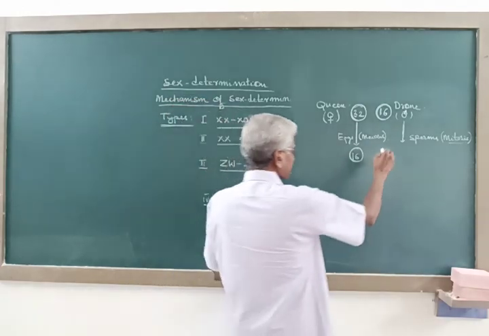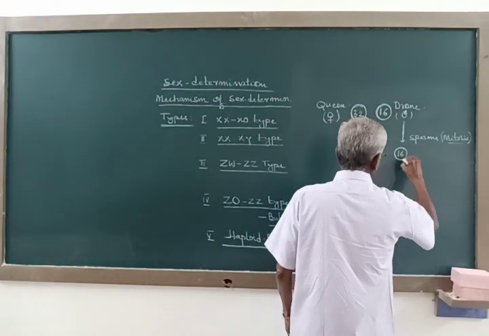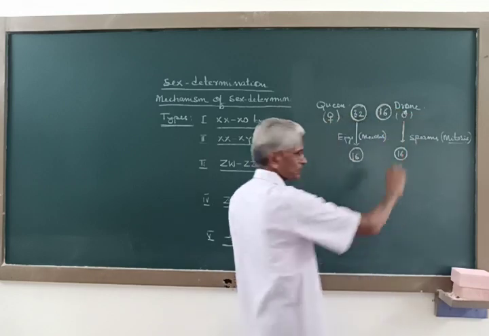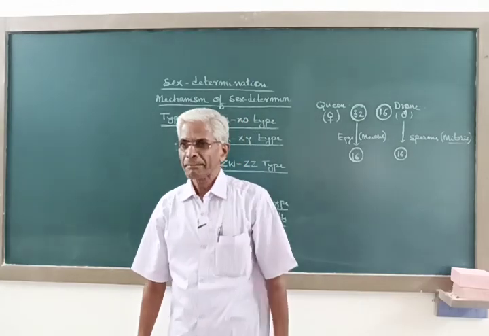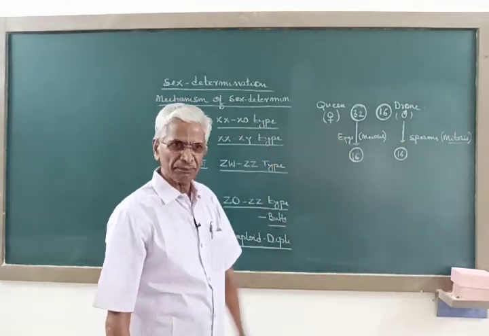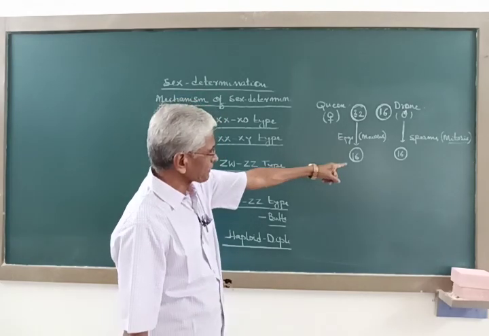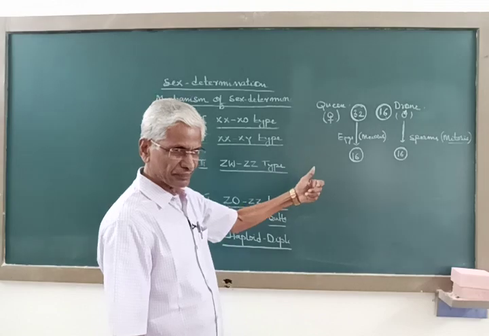Therefore the sperms that are produced will have the same number of chromosomes as the male, that is 16. So a very unusual type of spermatogenesis takes place in the male honeybees, the drone, producing sperms with the same number of chromosomes, that is 16.